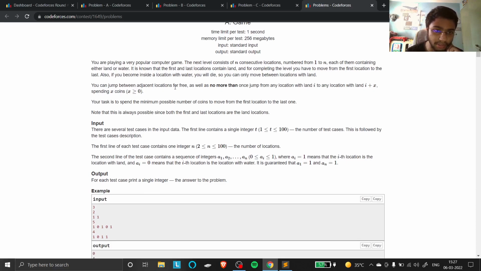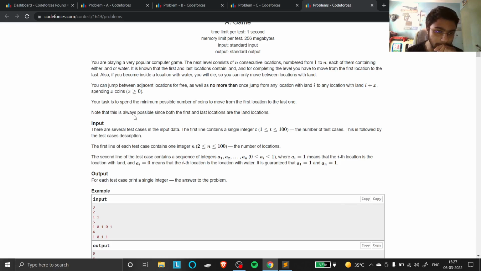You can jump between adjacent locations for free, as well as no more than once jump from any location with land i to any location i plus x, spending x coins. Your task is to spend the minimum possible number of coins to move from the first location to the last.